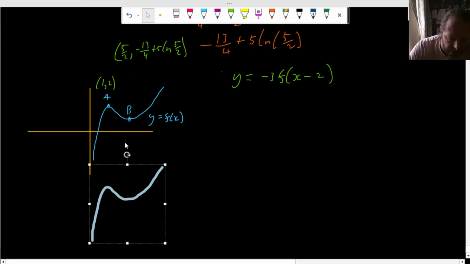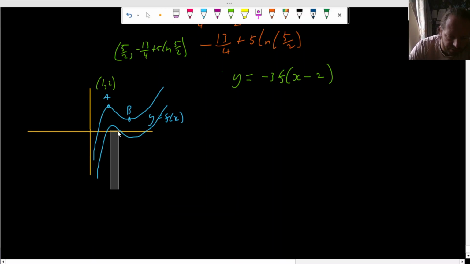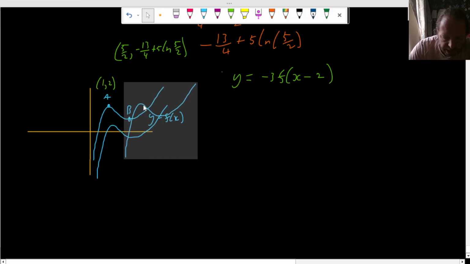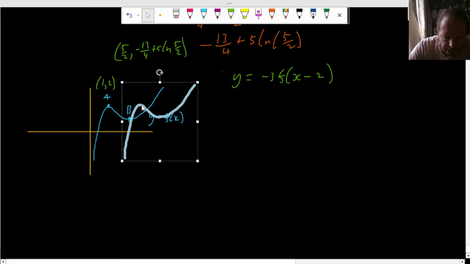So if it's going to 1, it's going to move over by 2, so that 1 will turn into a 3, so it actually gets to about there somewhere, so that your A point is now on 3. Okay, so that's the minus 2.